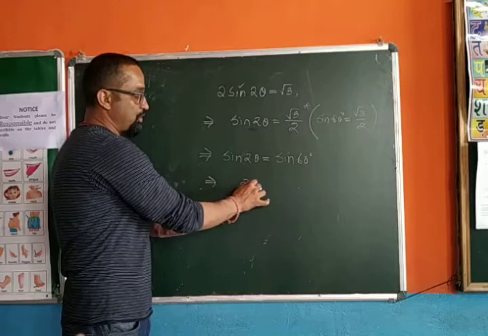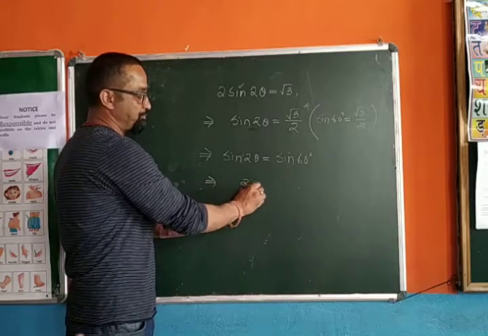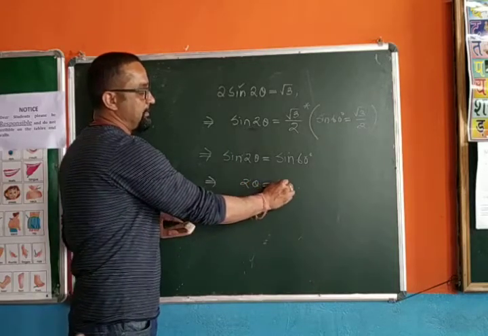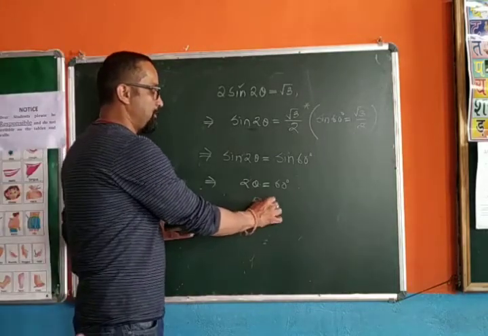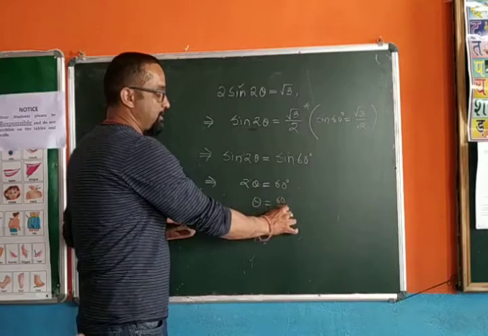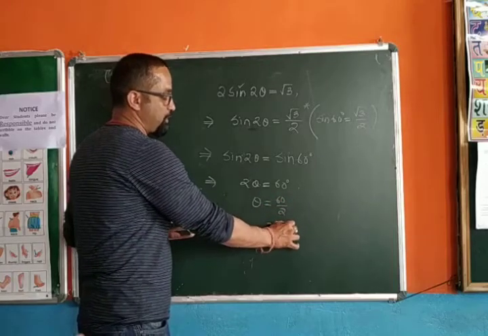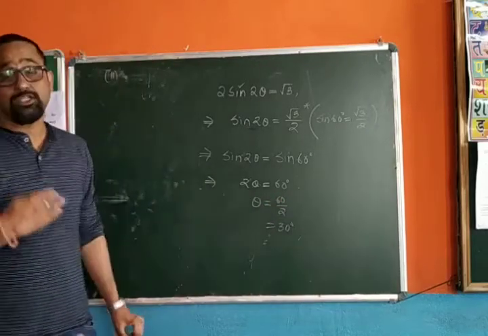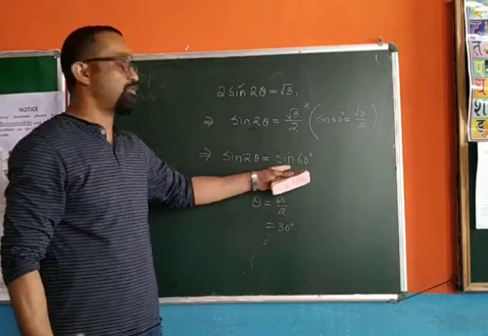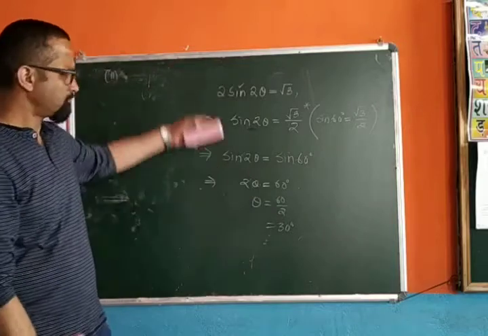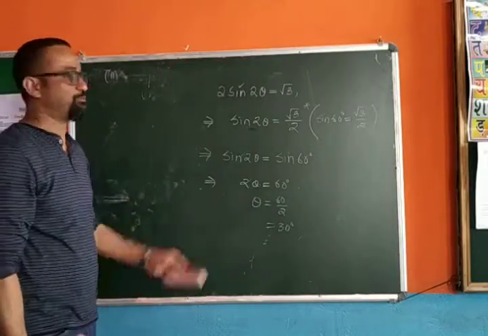So 2 theta will be equal to 60 degree. Now we can calculate theta from here. Theta equals 60 divided by 2, which is equal to 30 degree. It is just opposite. The standard value will be given. You have to use the angle. Simple steps you need to follow.